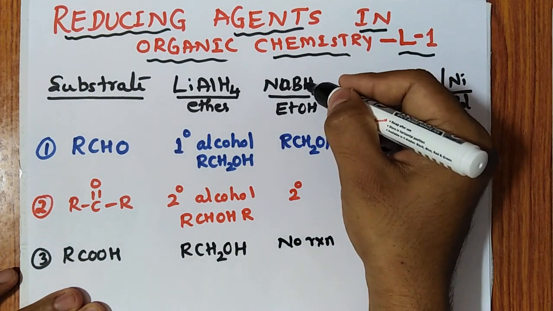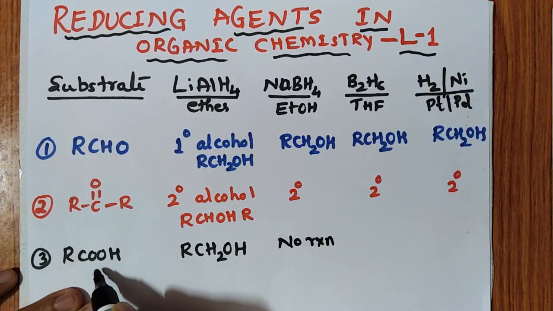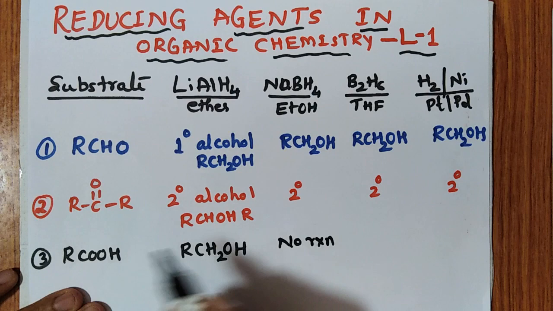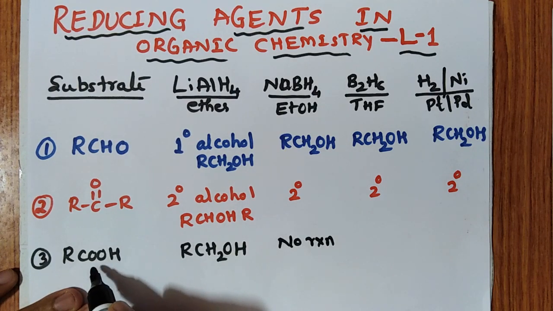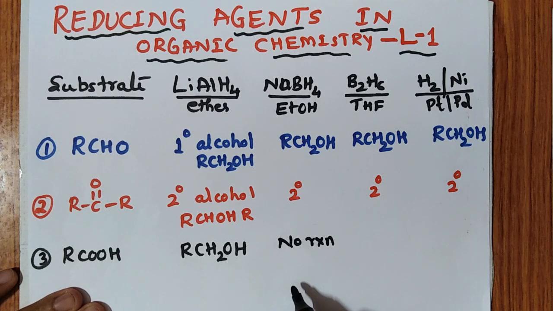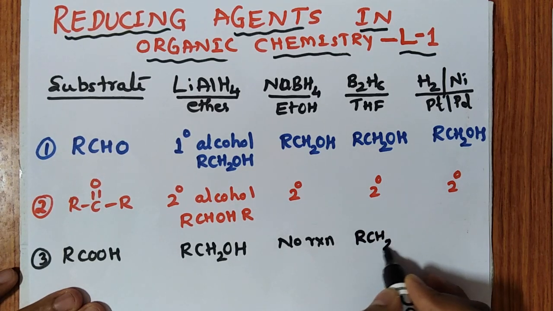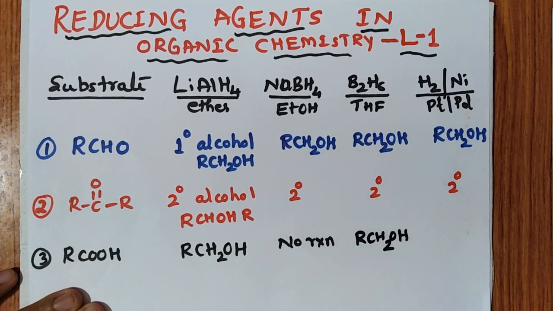With sodium borohydride, NaBH4, there is no reaction with acid, it may be acetic acid, propanoic acid, like that. Acid will never undergo any reaction with NaBH4. Then remember, here also you are going to get RCH2OH.